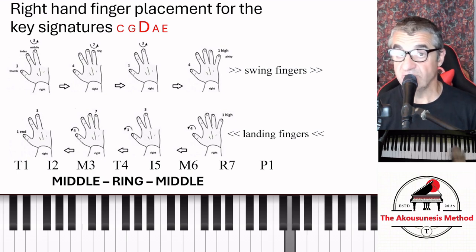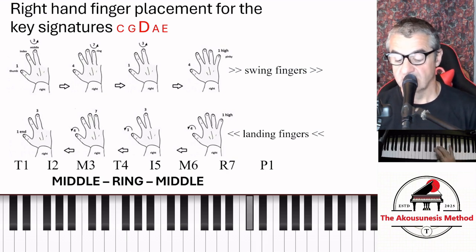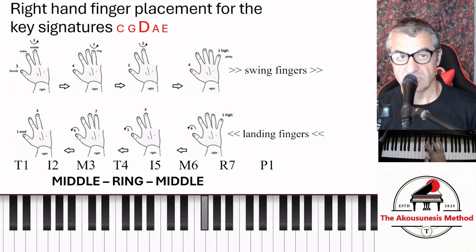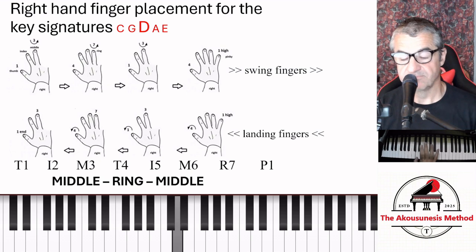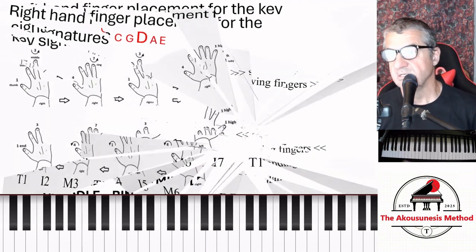Then we swing on the thumb and land on the middle. It comes to the thumb. Now we swing again and we're on the ring, to the thumb. Swing one more time back to the middle. All right, F sharp there, which is our 3rd interval. And back. So that's the right hand.